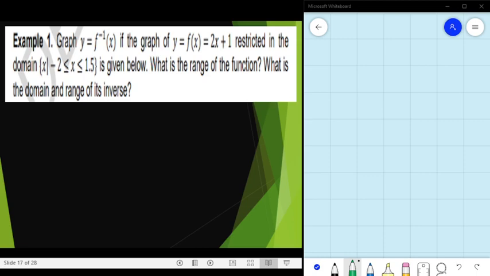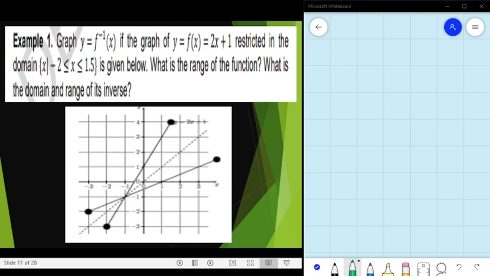What is the range of the function and what is the domain and range of its inverse? The domain is already given here, so the question is, what is the range of the function? Afterwards, we are going to find the domain and range of the inverse.